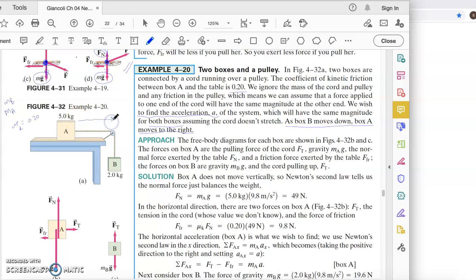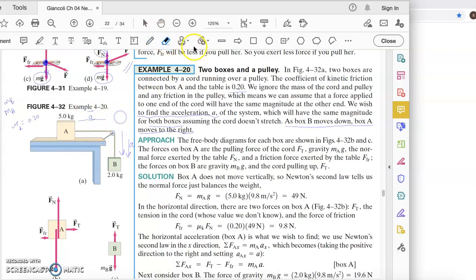So basically this is the motion. This is going here and this is going there. But the nice thing is that all the system is moving with the same acceleration. So if object A is moving towards this direction with acceleration A, object B is moving downward with the same acceleration A.